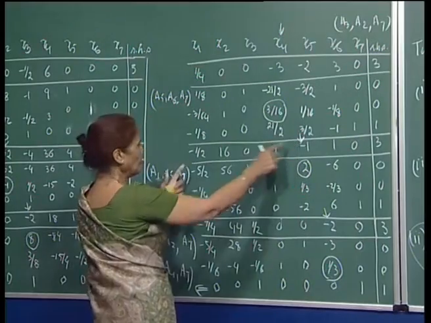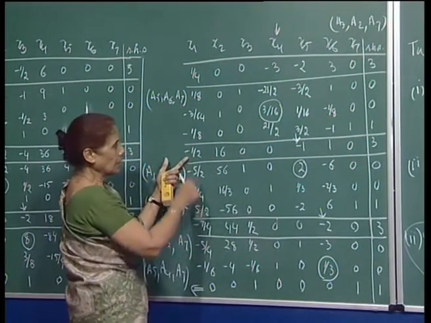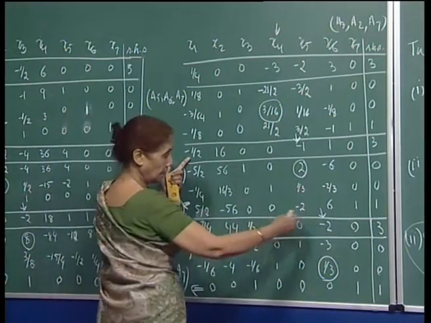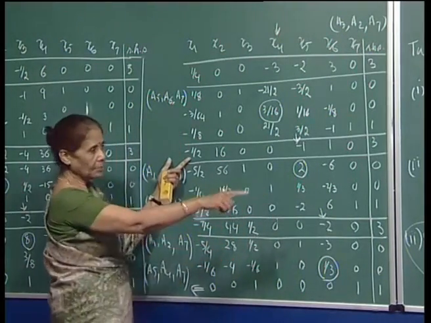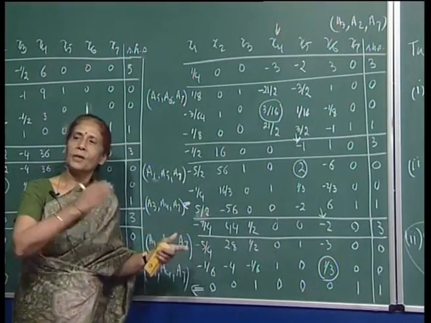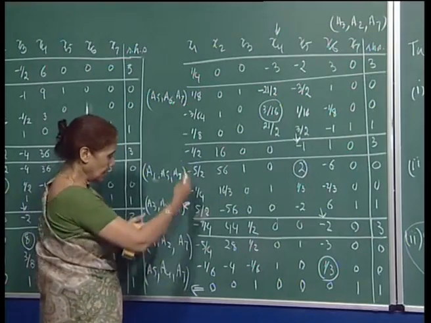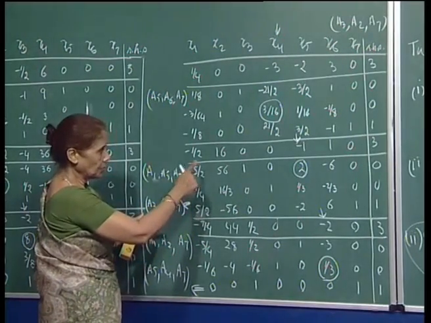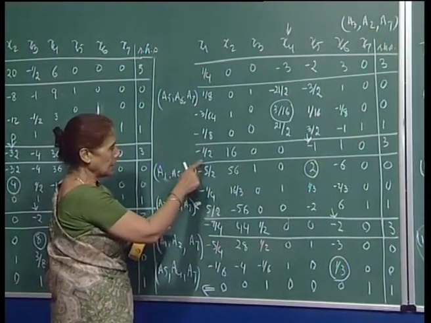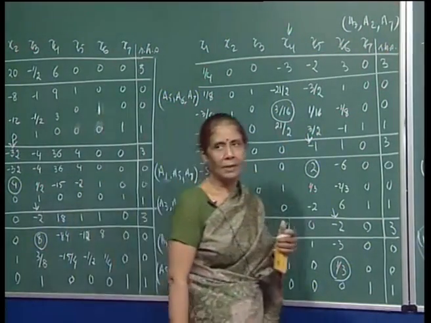If here we had chosen this instead of this as the entering variable, and after that again we maintained Bland's rule, then you see you would not have cycled. You would not have come back to the same basis. Okay, so please sit down when you have time and try to do the pivoting. That means now you will enter this instead of this, then you will see that you will not cycle.